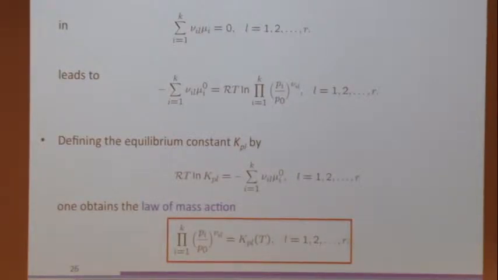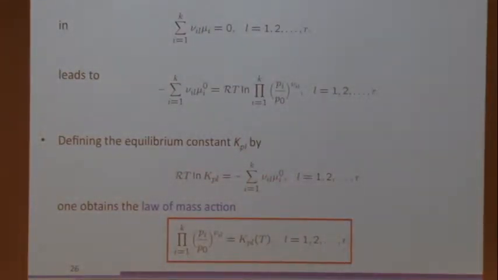And this then gives me the law of mass action. The equilibrium constant is a nice thing. By definition, this thing only depends on temperature, nothing else. So I have this equilibrium constant and the composition. This depends on temperature, and on the other side I have something that only depends on pressure.